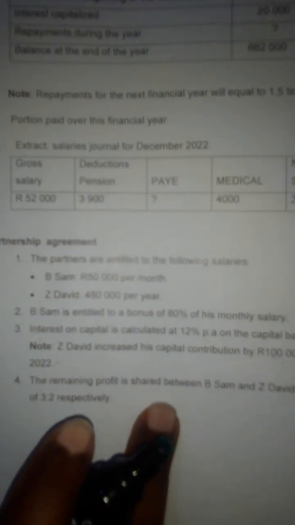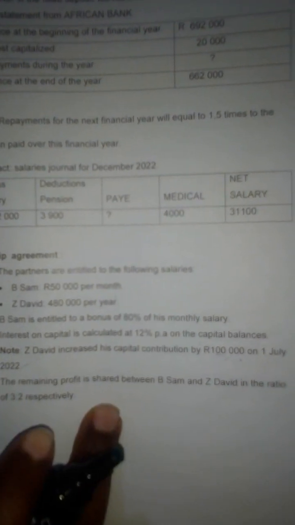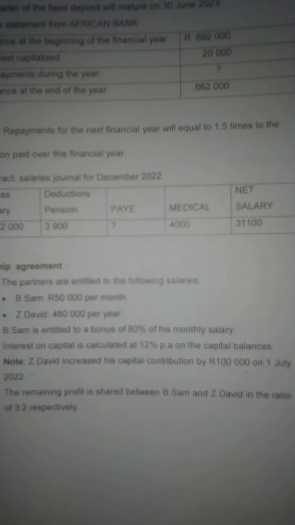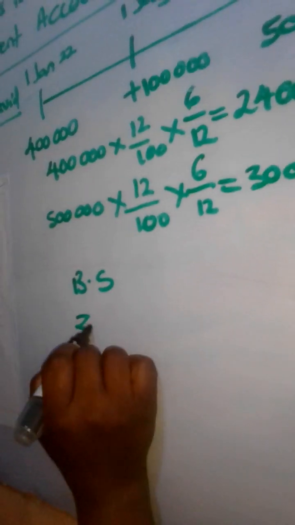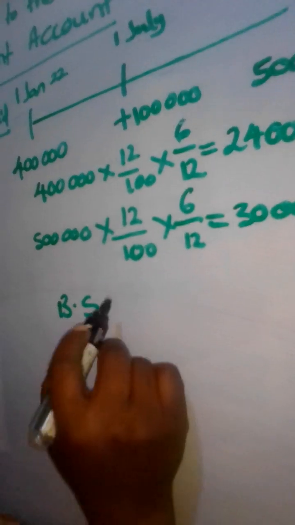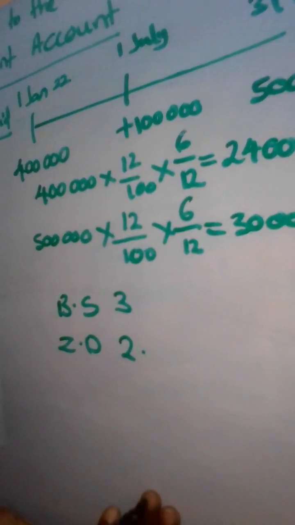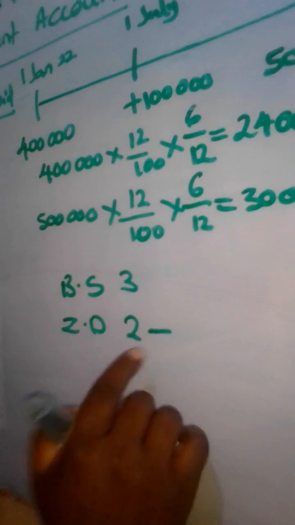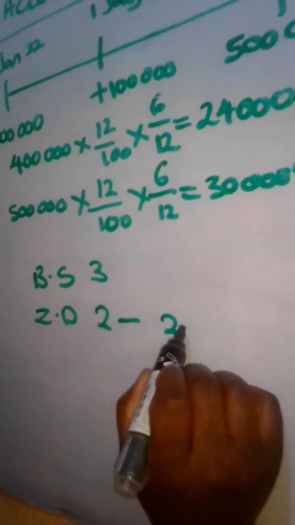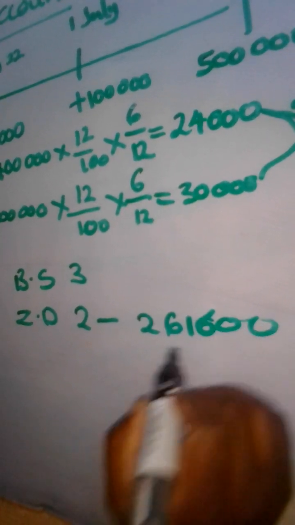The ratio that is given there says that the remaining profit is shared between BSAM and Z David in the ratio 3:2 respectively. Okay, fine. So we can say we have got BSAM and then we have got Z David. They are supposed to share in the ratio 3:2, and already for Z David we are given that he received 261,600.